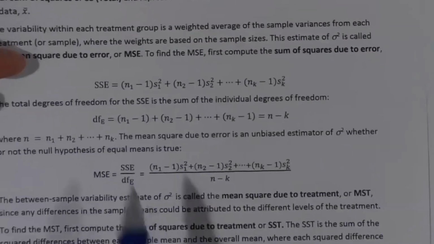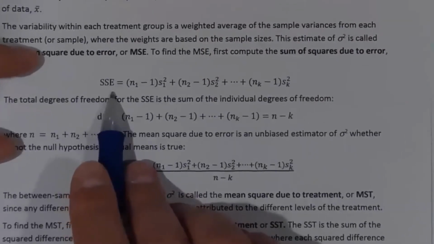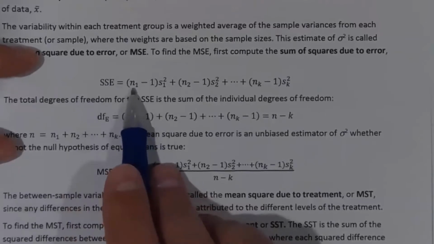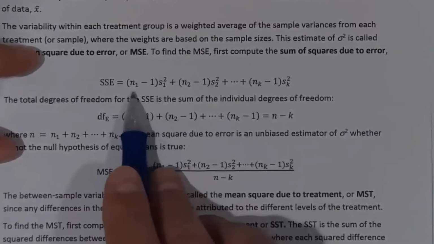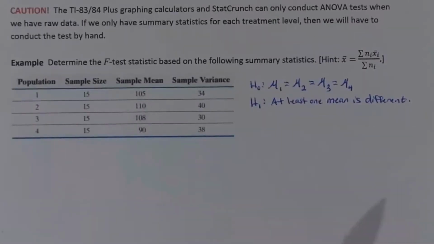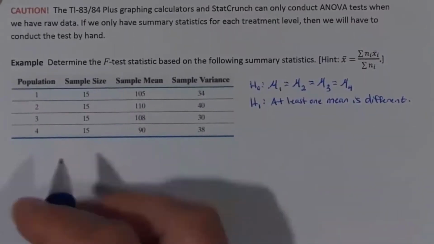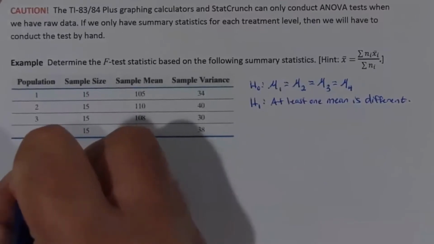So first of all, remember how we find the SSE, the sum of the squares due to error. We take each sample size minus 1, in other words, the degrees of freedom, times the variance, and we add those all up. So I'm going to do that first here. So I'm going to find the SSE.